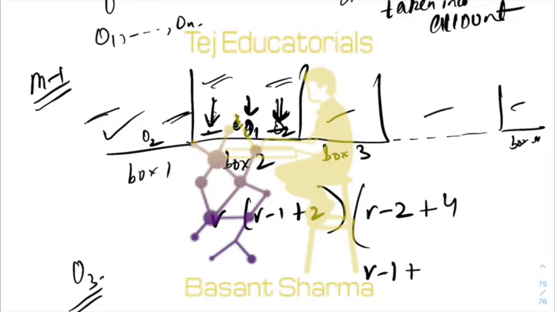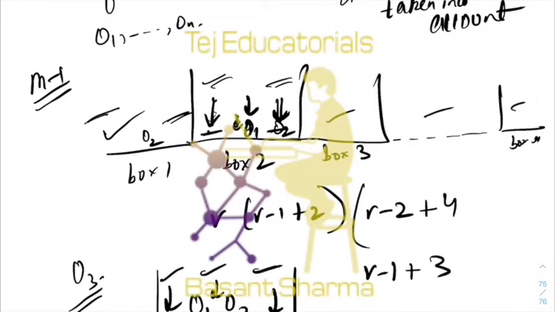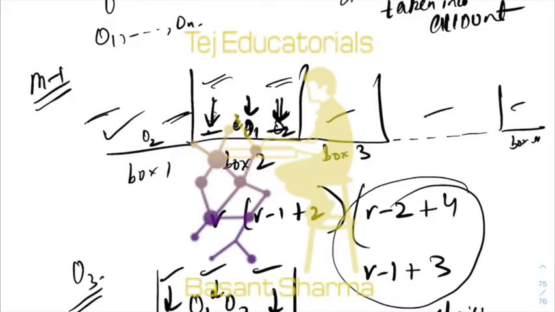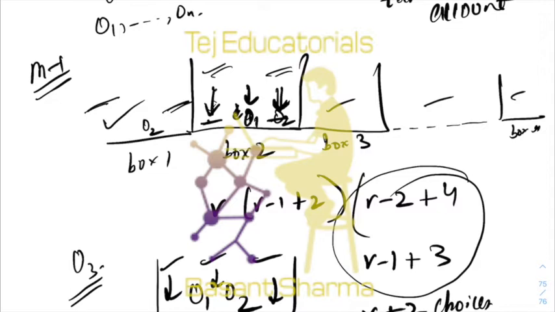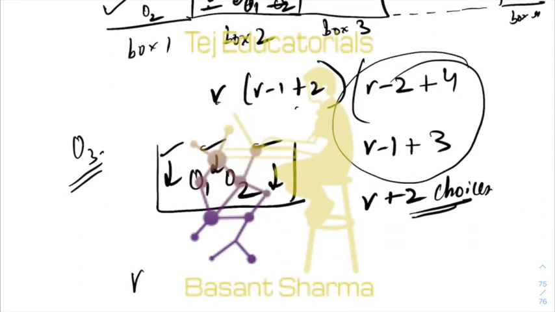Either O3 goes into the r minus 1 boxes, or it can go here, here, or here, 3 places, so plus 3. So in any case it will have r plus 2 choices. O3 will always have r plus 2 choices corresponding to every choice of O1 and O2. So by the multiplication rule, till now you have r into r plus 1 into r plus 2 ways.